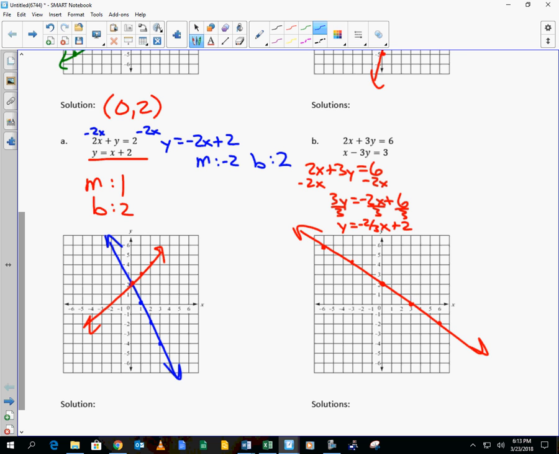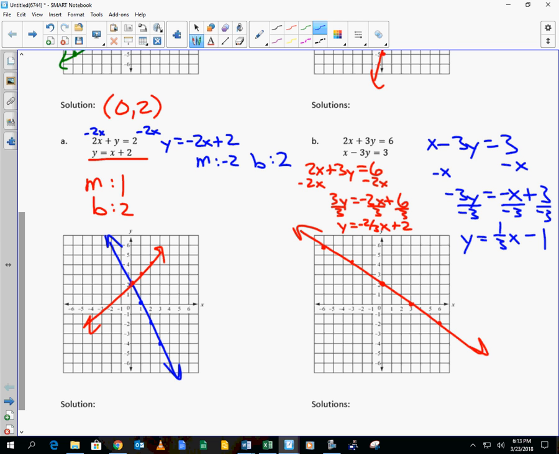Do the next one. X minus 3y is equal to 3. Subtract the x from both sides. Negative 3y is equal to negative x plus 3. And finally, divide by my negative 3. Positive y is negative divided by negative is a positive, and positive divided by negative is a negative.